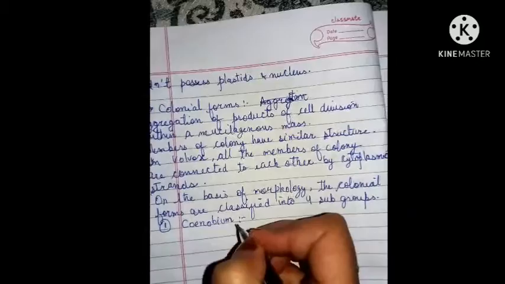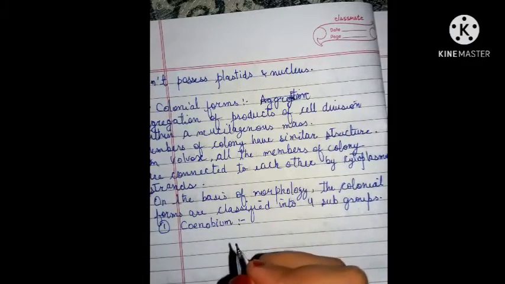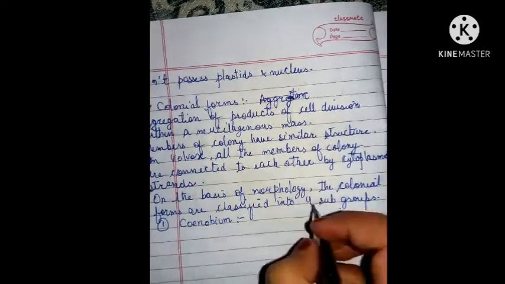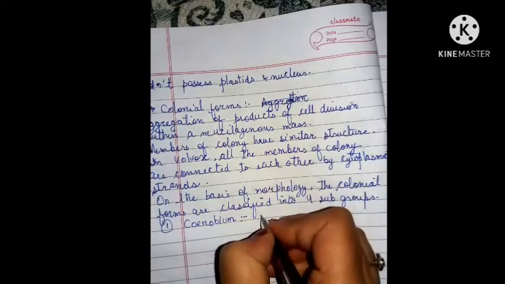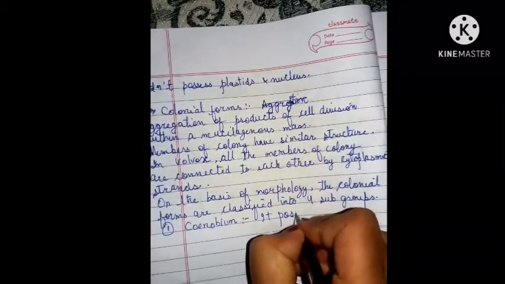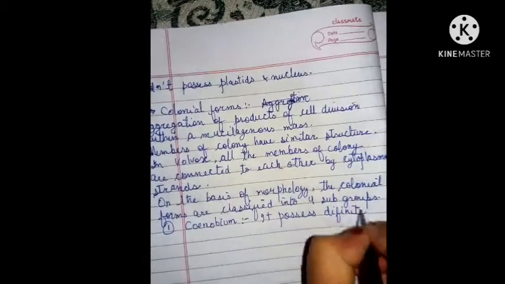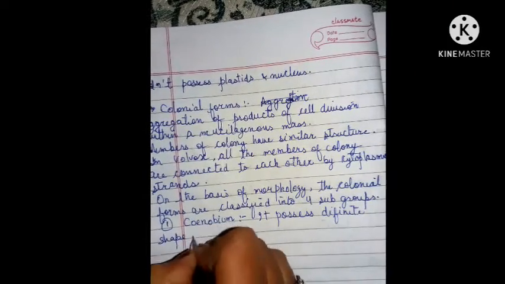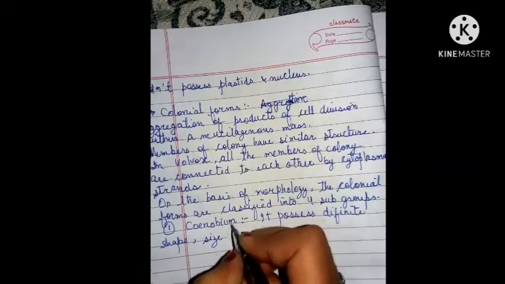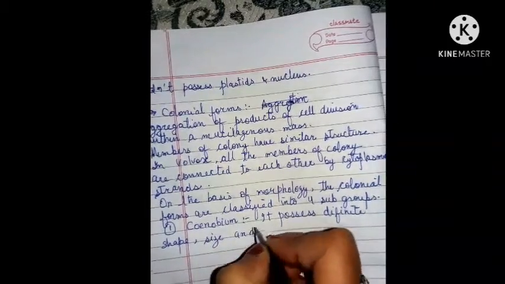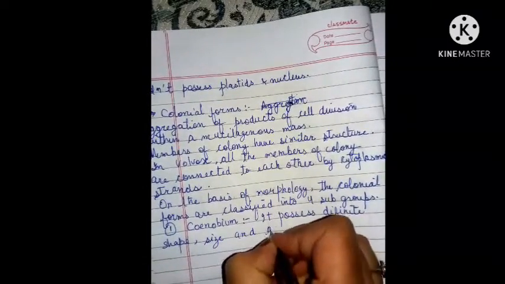In the Cenobium, the colony possesses a definite shape, size, and arrangement of cells.